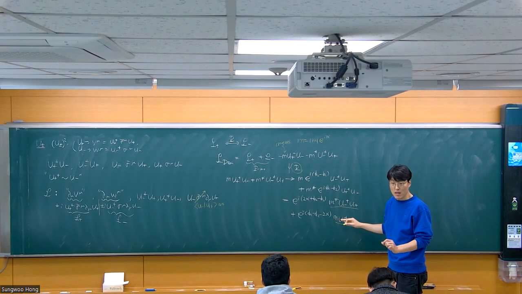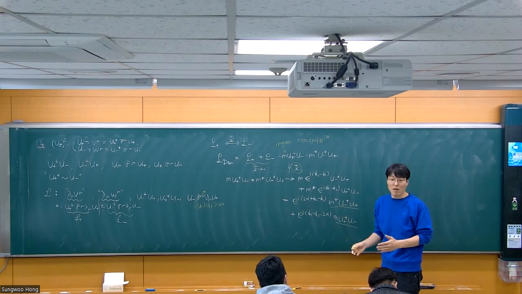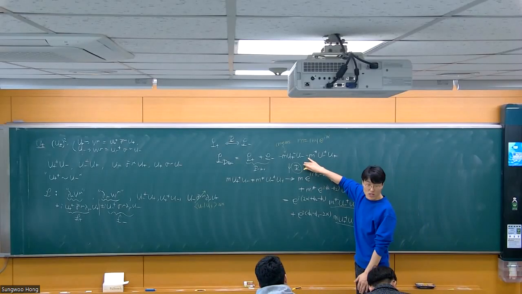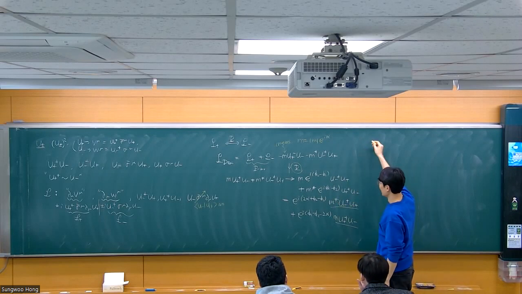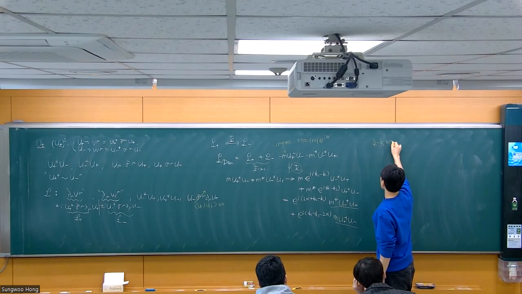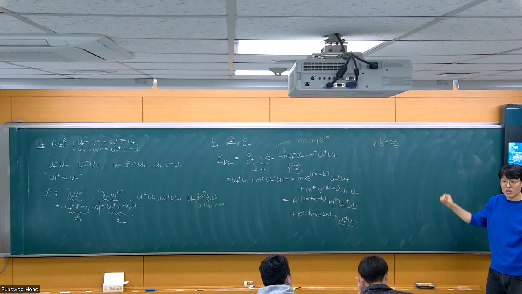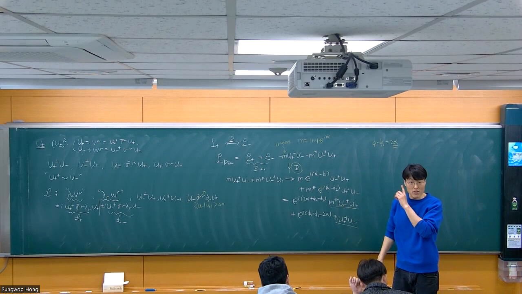Is that clear? Remember, the definition of parity is not unique. You have continuously many different definitions. The only question is, is there a definition of P that leaves this action invariant? The answer is yes, because I can just take phi1 minus phi2 equal to alpha. For any alpha, I can choose phi1 or phi2 accordingly. This is true. Then under that definition of parity, this action is invariant.